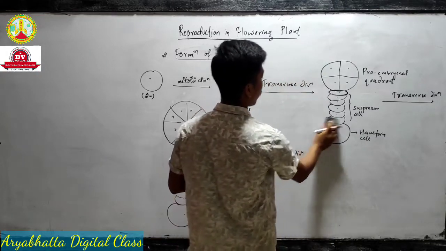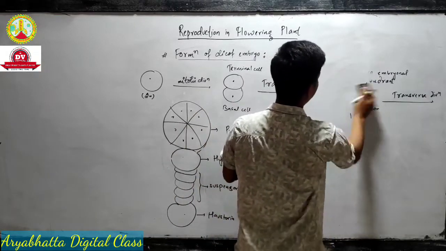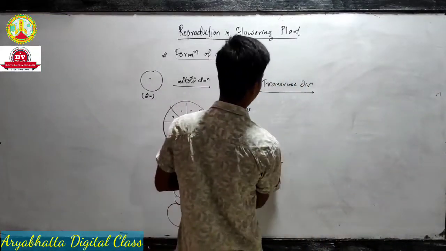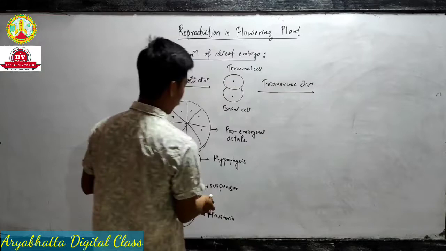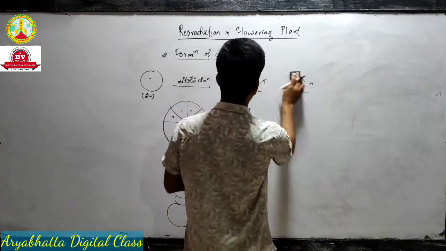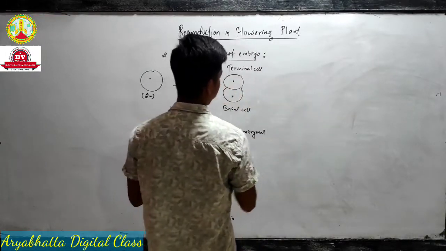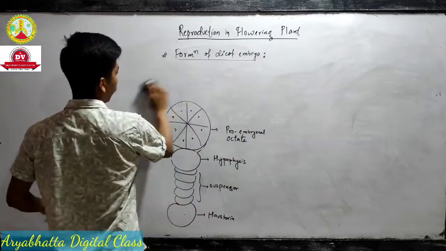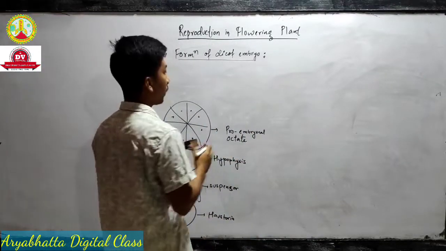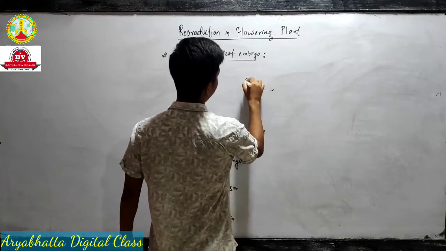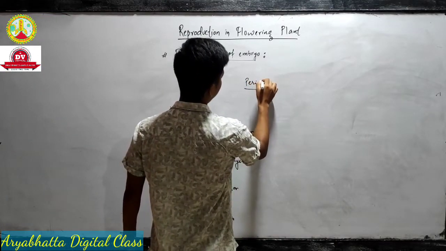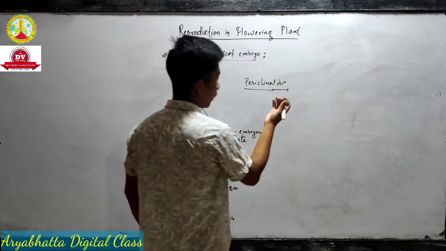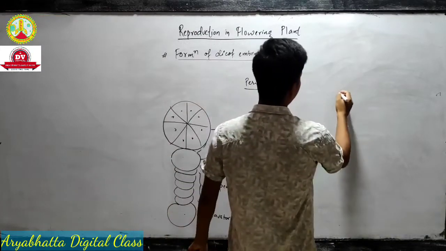Okay, let me draw this diagram so that we can draw it nicely. So after this periclinal division, what happened?